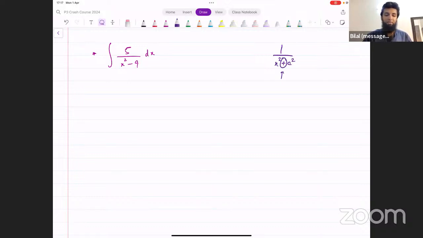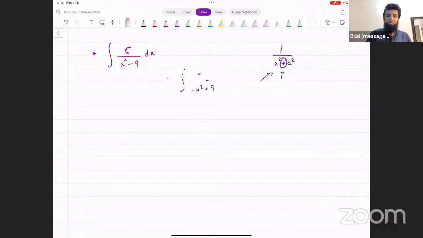This is a negative sign. So tan inverse does not work. Even if you think of taking negative common outside, it doesn't work, because inside you would still be left with 5 over 9 minus x squared, or you can say minus x squared plus 9. That's still not that form because now we have a negative sign with x squared. We can't have that. So it's not tan inverse form.